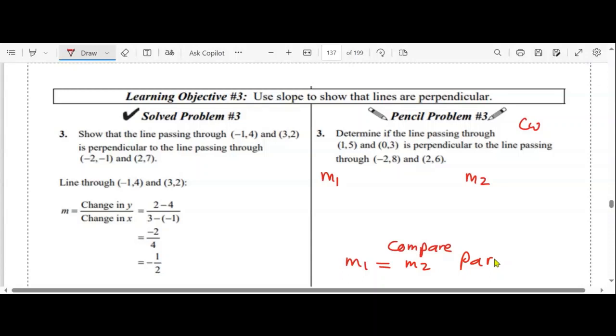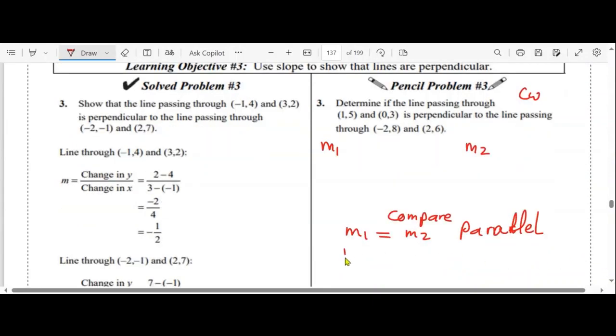Parallel. If M1 equals negative 1 over M2, then it's what? Perpendicular. Clear?